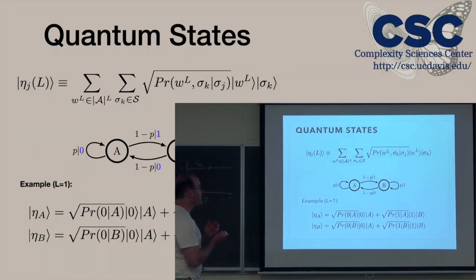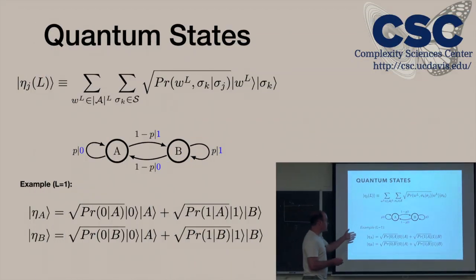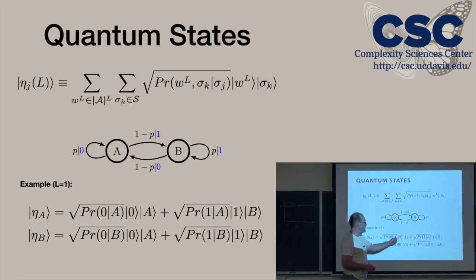Okay, so what does that look like in a little bit more detail? For our particular example, I start in state A. The probability of seeing a 0 given state A goes in here under a square root.